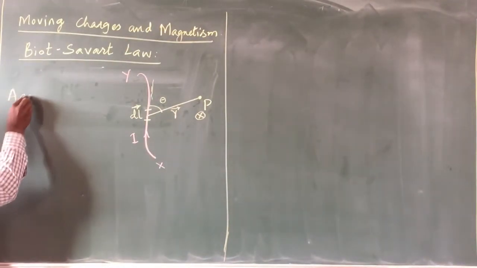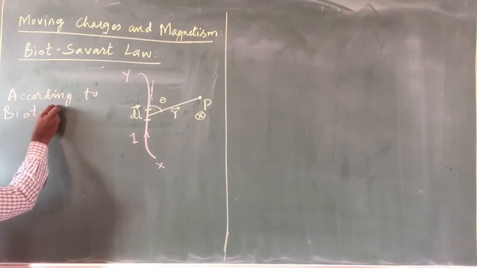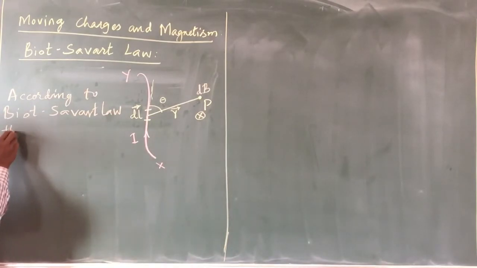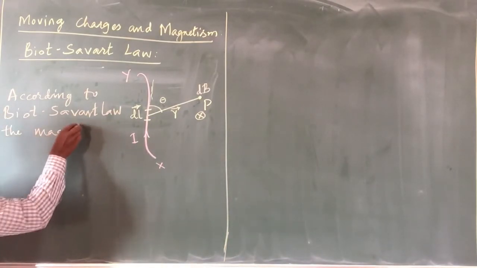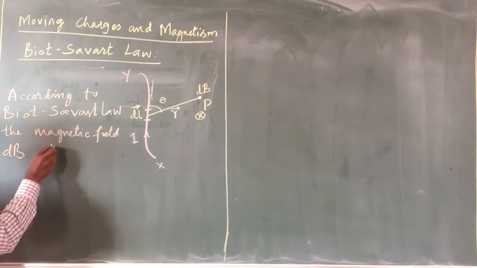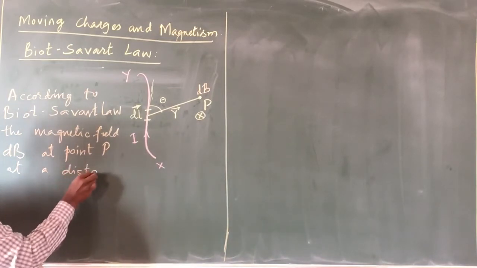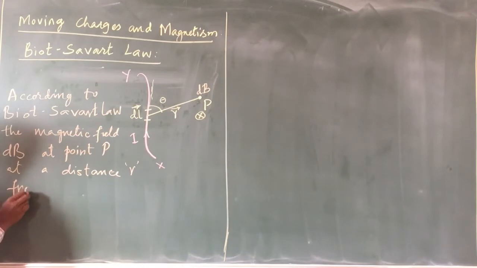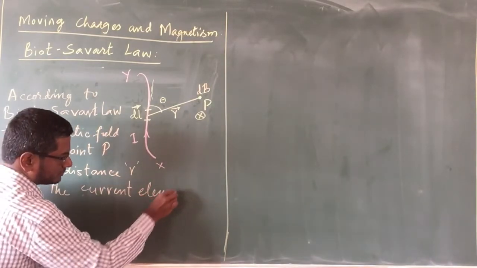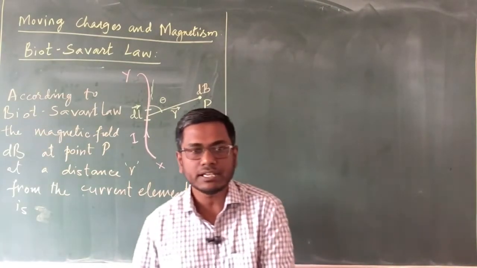According to the Biot-Savart law, the magnetic field dB at point P at a distance R from the current element dl is directly related to the current.